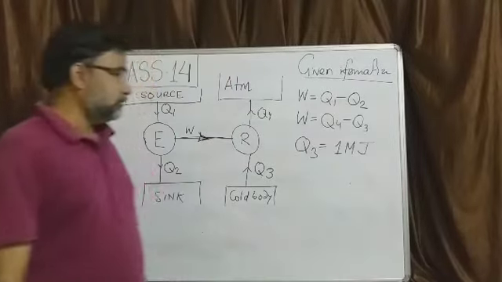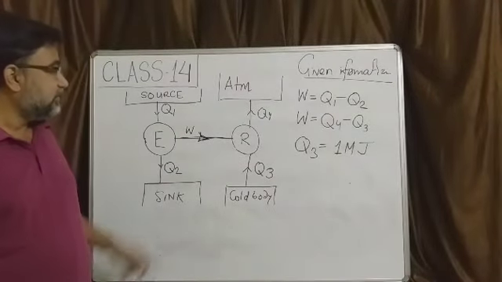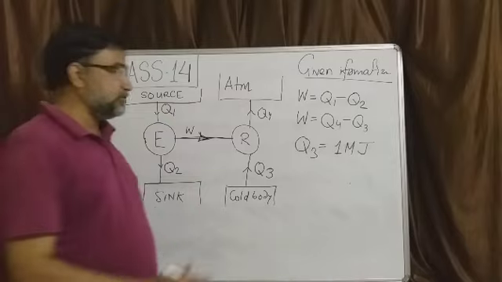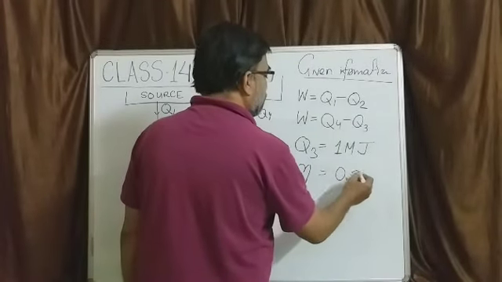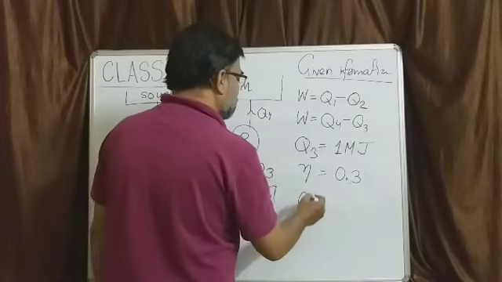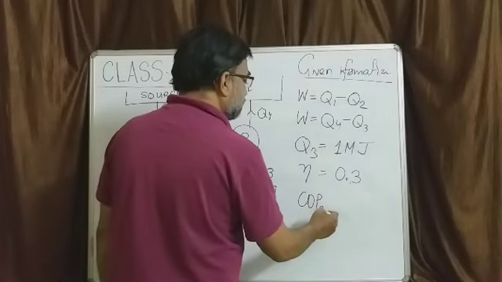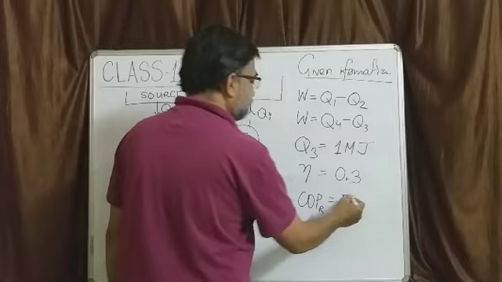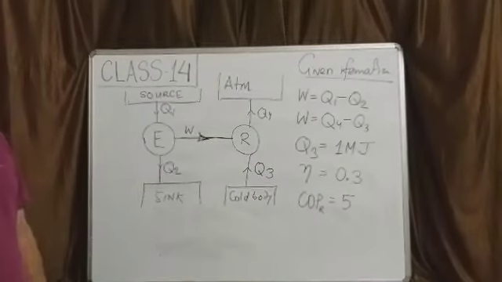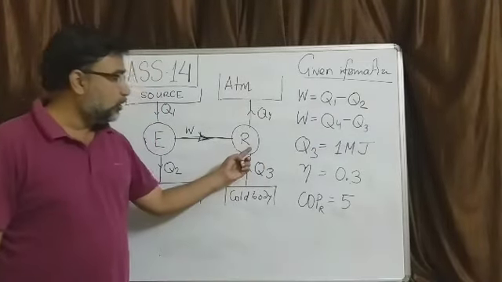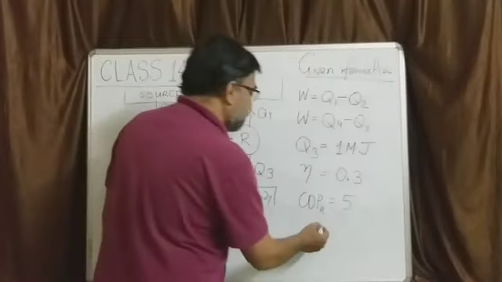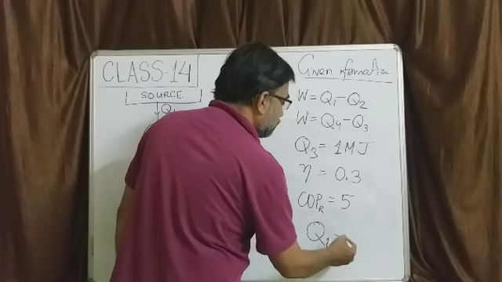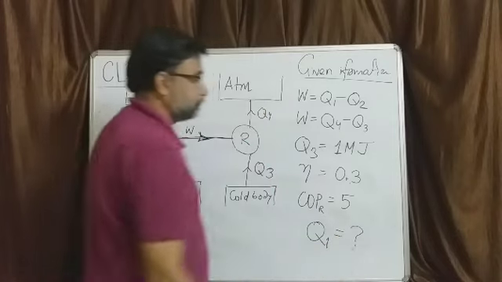Right? What else? This is a heat engine of 30% efficiency. What is the efficiency of the engine? 0.3. What is the COP of the refrigerator? That is 5. For every megajoule of heat removed from the cold body, what should be the heat input to the engine? That means what is to be found out? Q1 is to be found out.